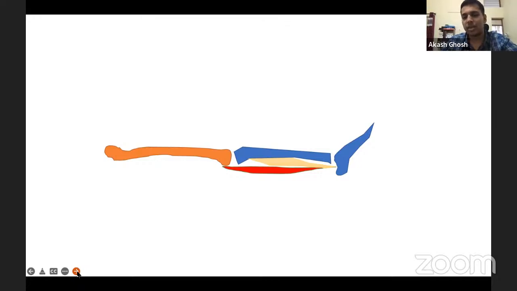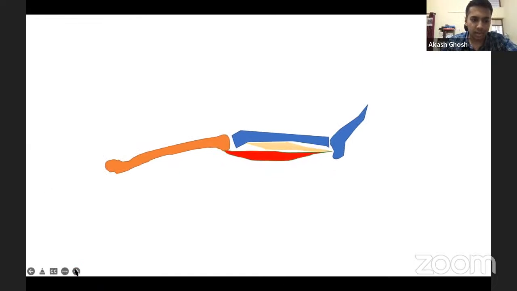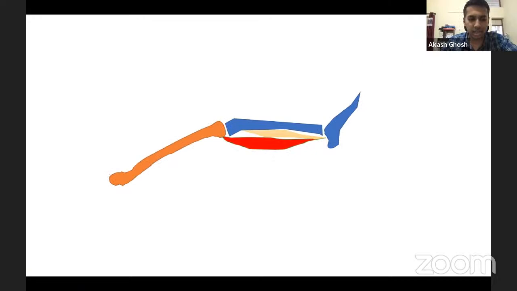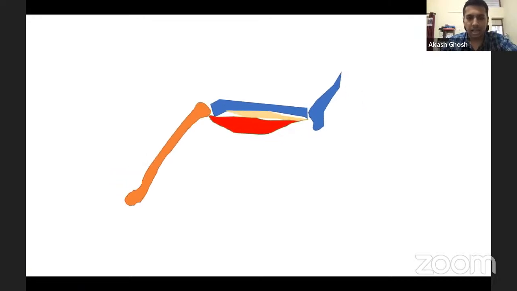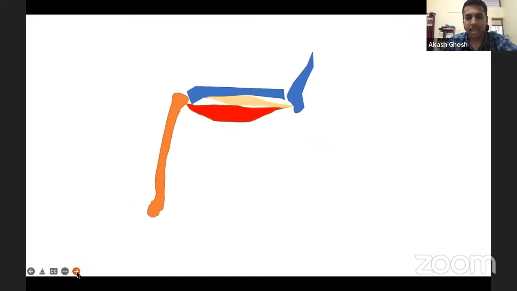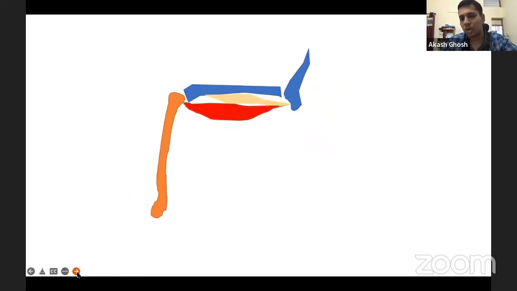If we do not stabilize the subtalar joint, we'll overestimate the dorsiflexion. So when only the gastrocnemius is contracted, as we flex the knee, the effective length of the gastrocnemius decreases, and it allows us to dorsiflex the ankle.